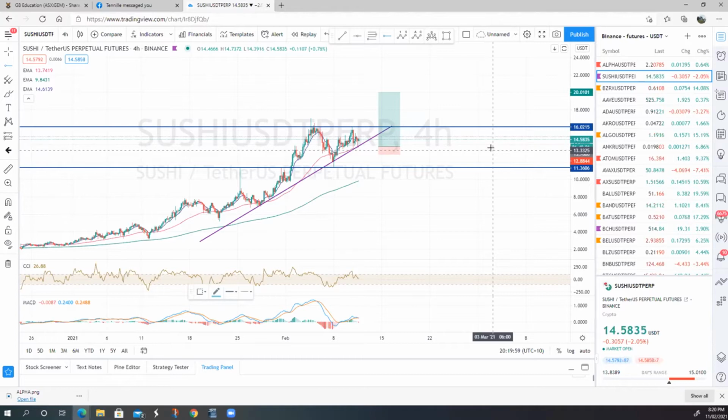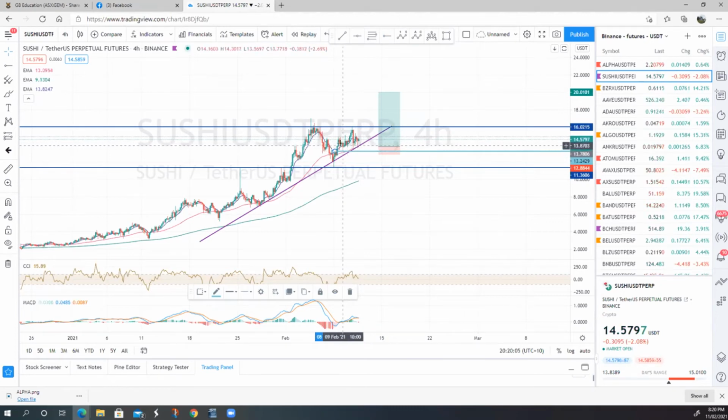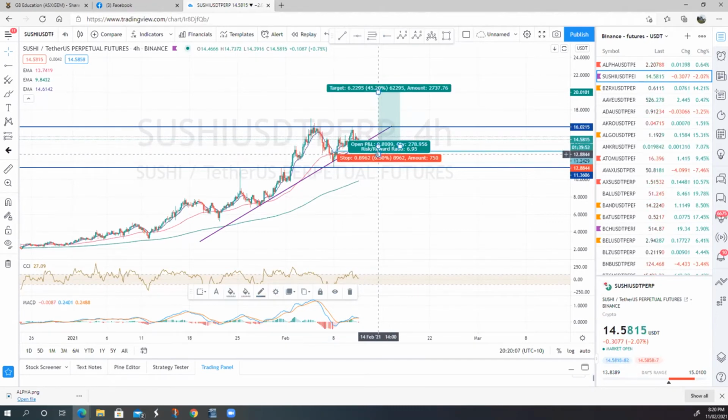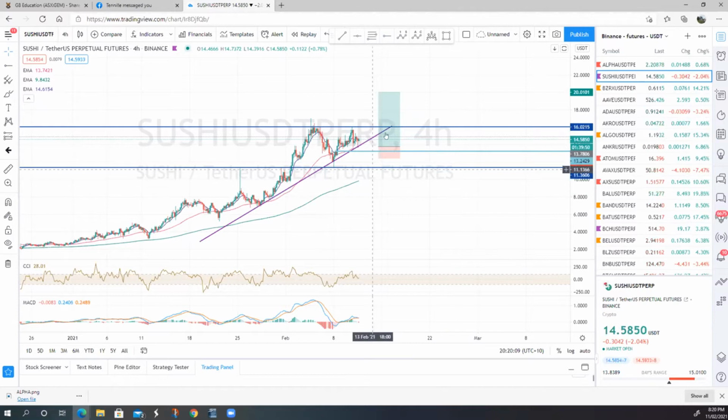I'd want my stops below this last wick here, pretty much. So I could have it like that. So that's what I'm seeing on Sushi at the moment, depending on Bitcoin, of course.